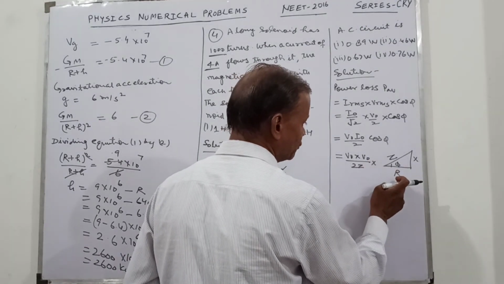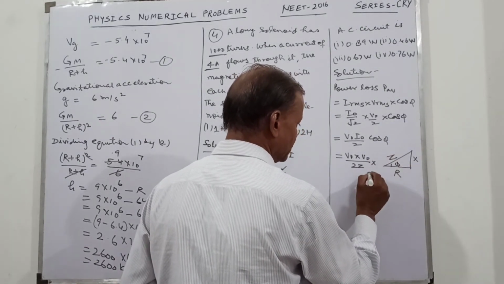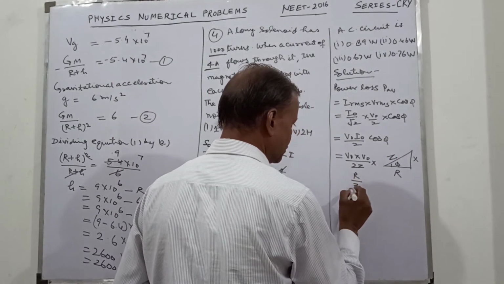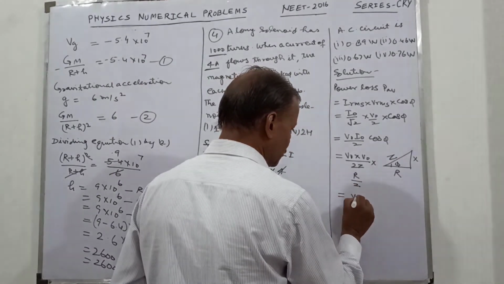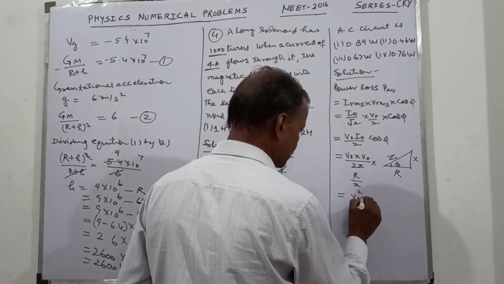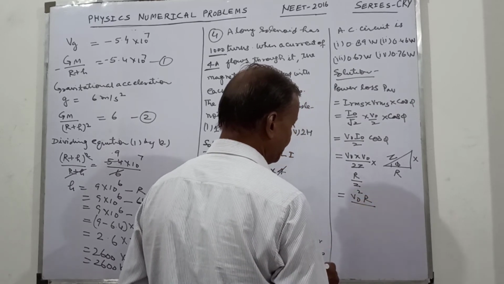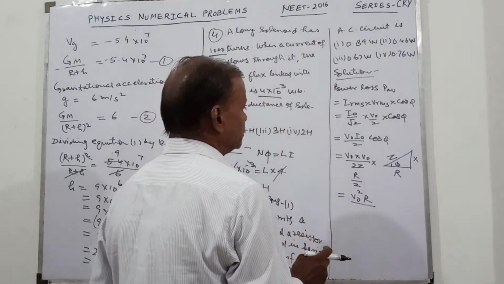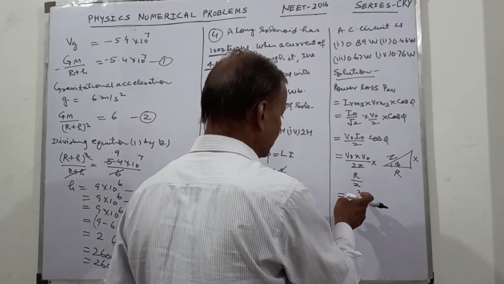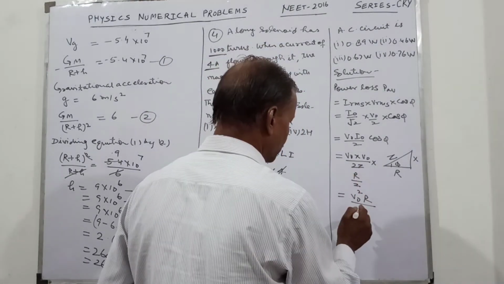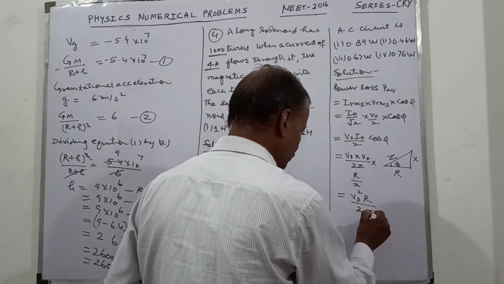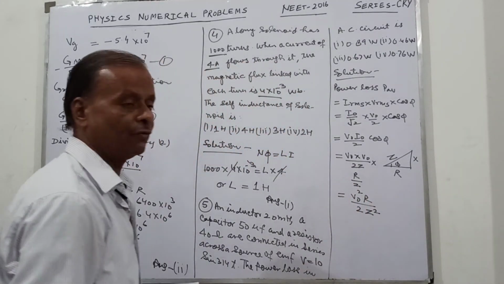Cos phi is equal to R upon Z. So we get V naught square into R upon 2 Z square. This is the formula.